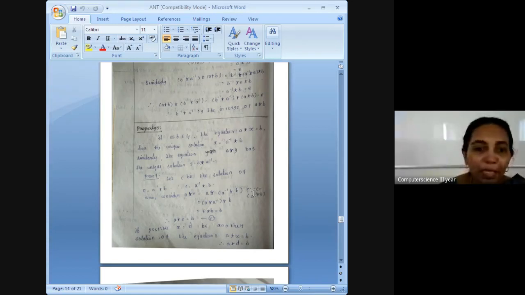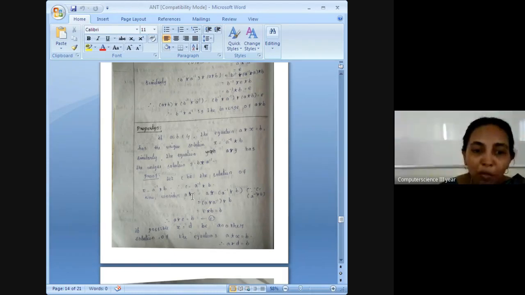Let C be a solution, C equal to A inverse star B. Consider two solutions: one is C, another is D. Then we prove C equal to D.